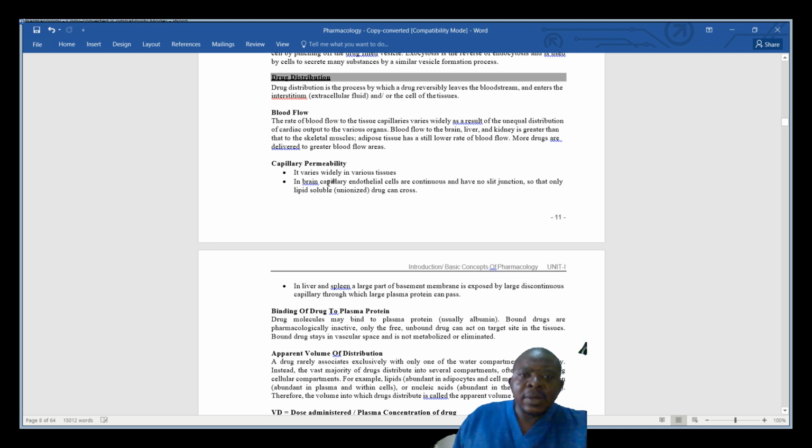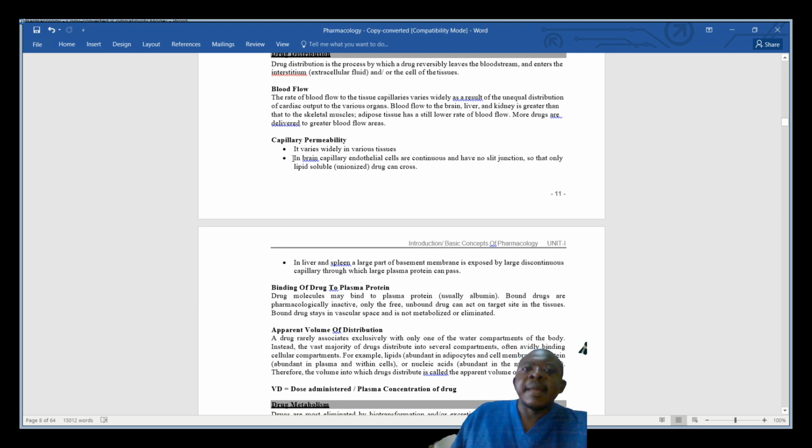Let us now talk about capillary permeability in drug distribution. Capillaries are the smallest blood vessels, and permeability allows other substances to pass through. Capillary permeability varies widely in various tissues.